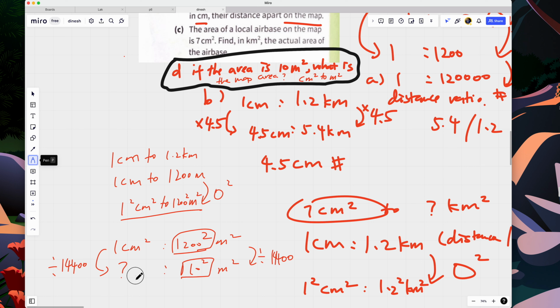It's okay if it's not a nice number, you just express it as a fraction: 1 over 1440. So that's how you get part D. Very simple. It just depends whether they want cm to meter or cm square to meter square or whatever.